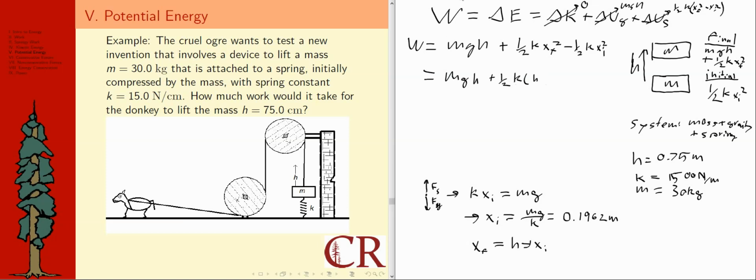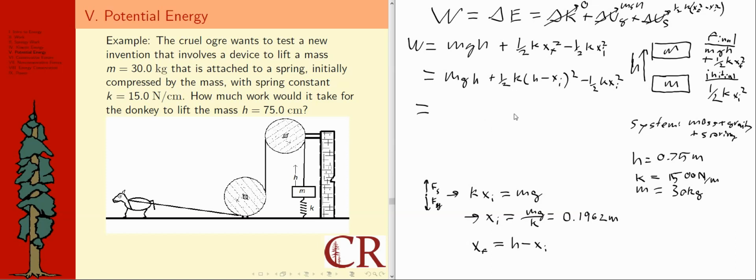Hang on, this minus sign looks horrible there. Let me fix something here. Okay, h minus x_i, I accidentally made a mark there. Anyways, h minus x_i, I'm going to put in for this, square it, minus the 1/2 k x_i squared. And so now this is the new number I needed. That's going to go into x_f there, and x_i there.